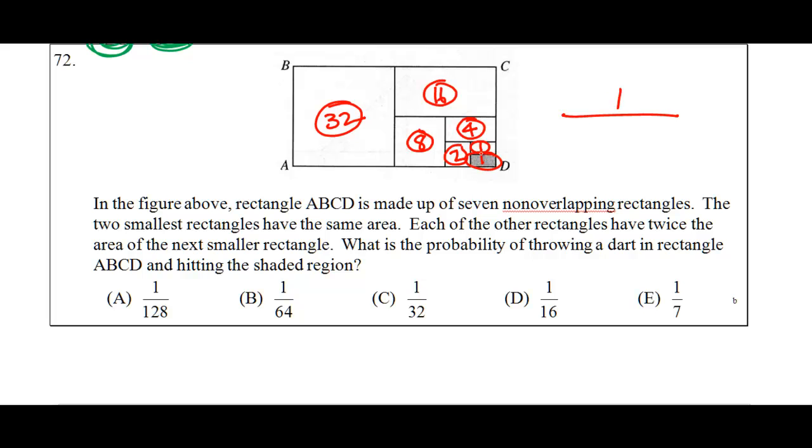There's only 1 that's successful. Now, if you don't like yourself, for the possible, you add all the numbers together. If you like yourself, what do you do? This is 32 and this is 32. It's 64. A lot easier. 1 out of 64 is the probability of hitting the shaded region.